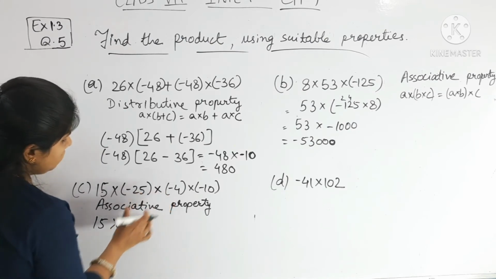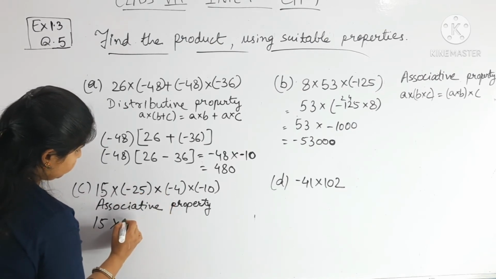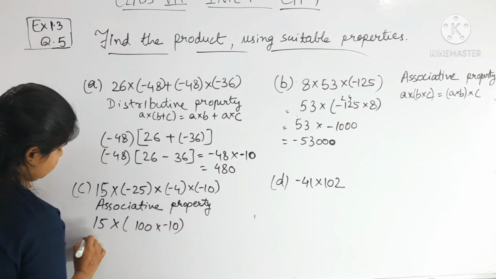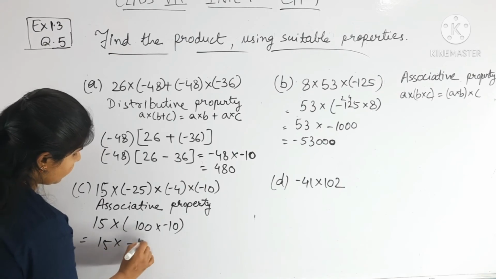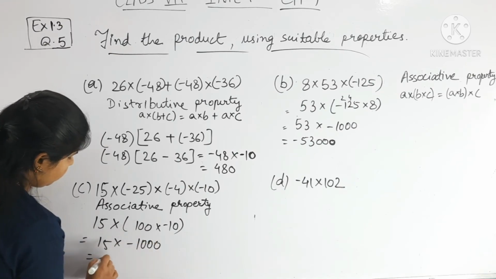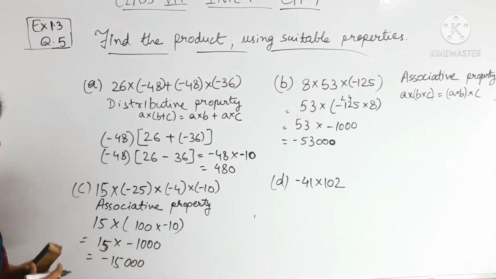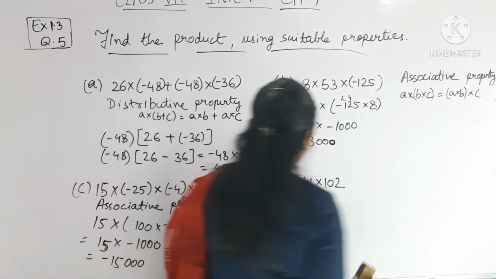If we multiply 25 into 4, 25 into 4 is 100, minus minus is plus, into minus 10. So I am getting 15 into minus 1000 equal to minus 15,000. What is the result? Minus 15,000.